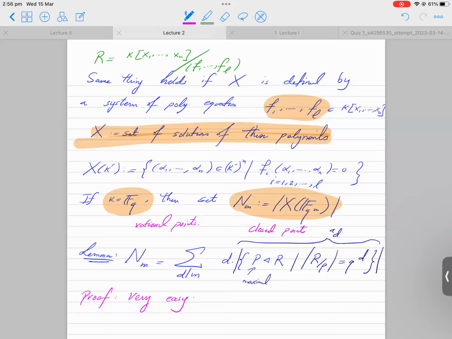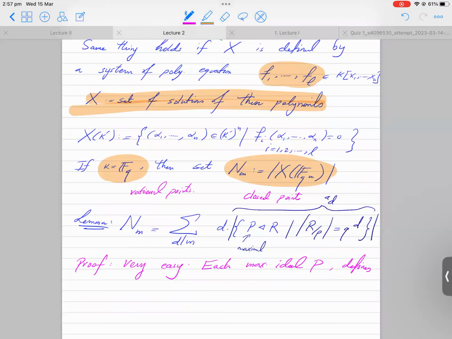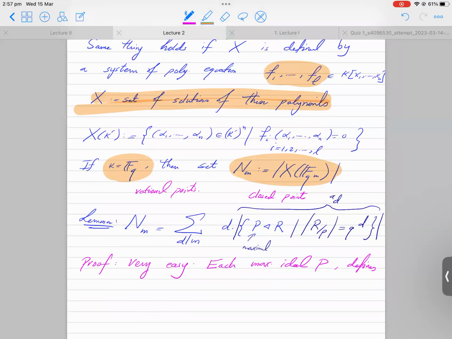Why? Because each maximal ideal P defines R mod P rational points, because these are exactly the solutions that are in the same Galois orbit, okay?